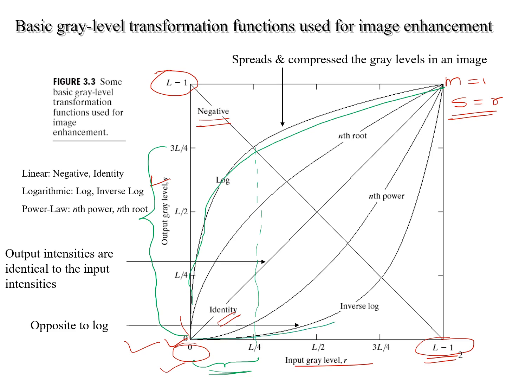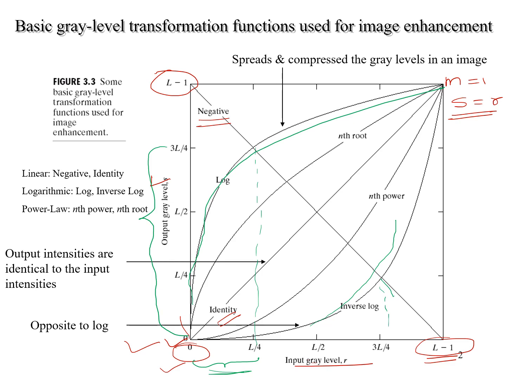And this is inverse log. Inverse log is exactly opposite to this logarithmic transformation. Let me draw it properly. So this is inverse log. What is happening here in the inverse log?